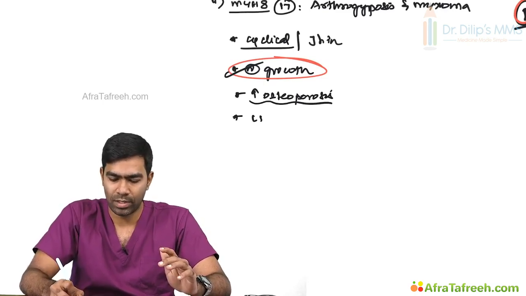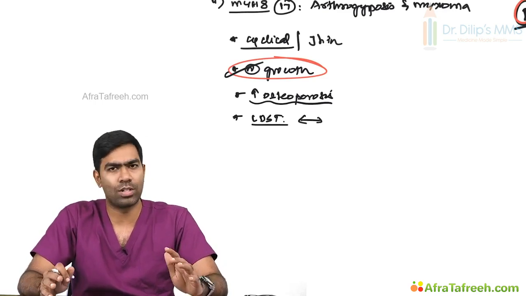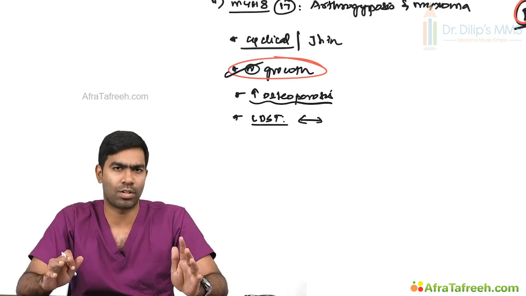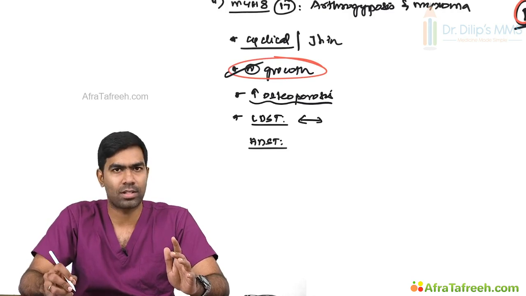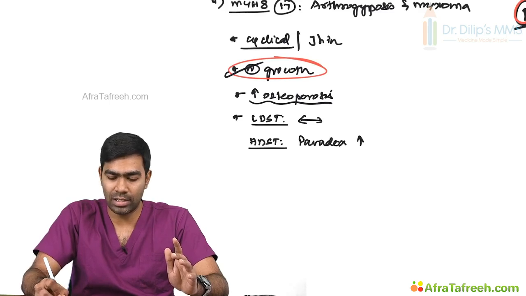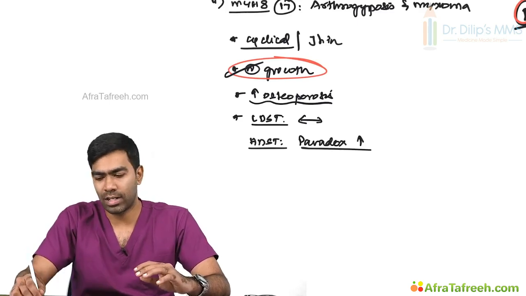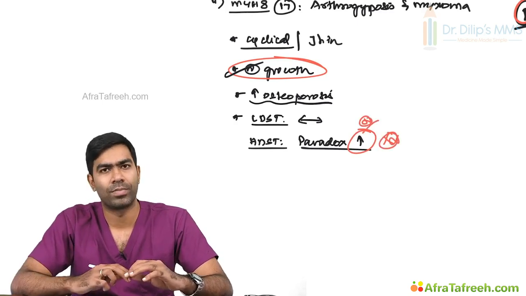And at the same time, with the low-dose dexamethasone suppression test, like all other endogenous Cushing's, they will not have any suppression of cortisol. But when you give a high-dose dexamethasone suppression test, they may show a paradoxical increase in cortisol rather than a suppression of cortisol. This is a very, very important point as far as exams are concerned.